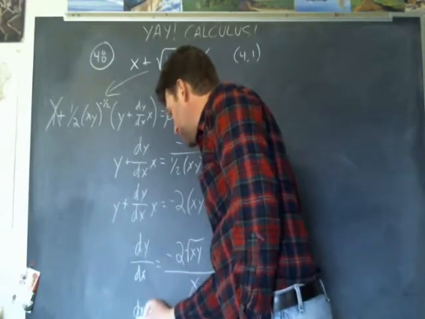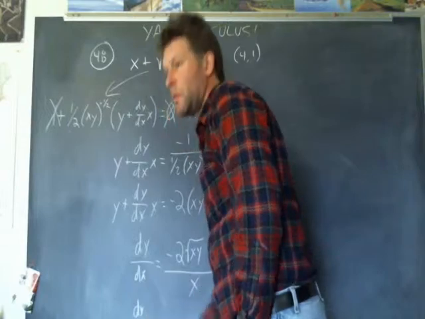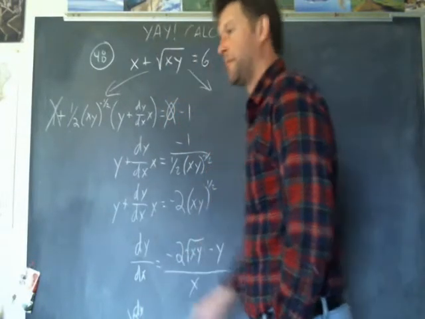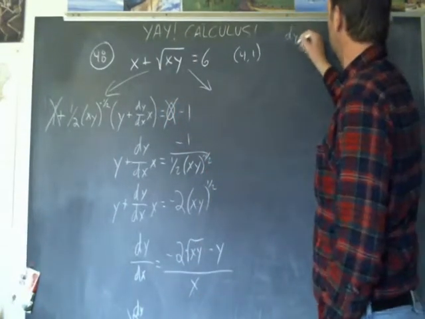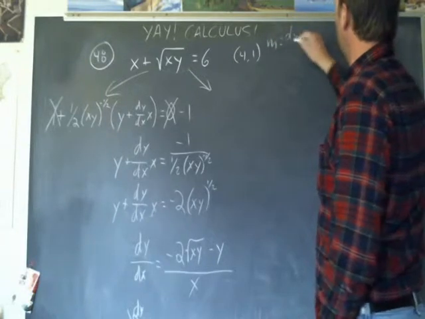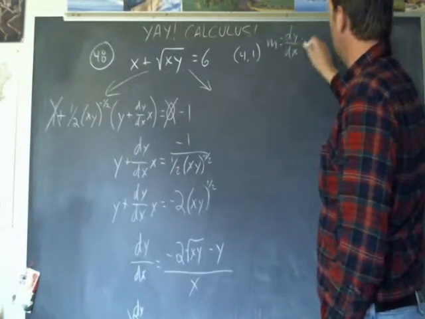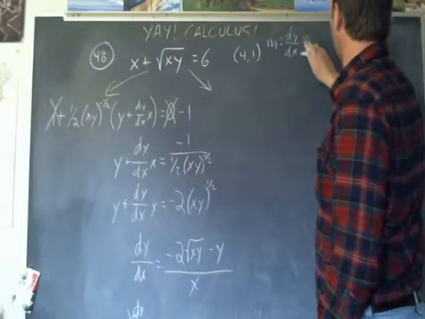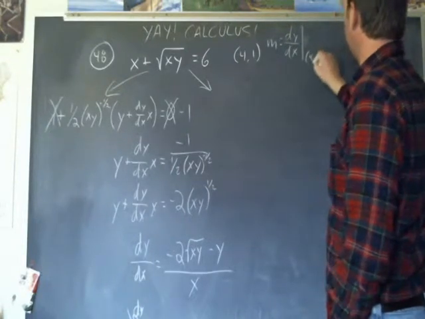So dy dx. Can you see down that low? No, you can't. Good. So here's our slope of our tangent line, dy dx, evaluated at 4, 1.